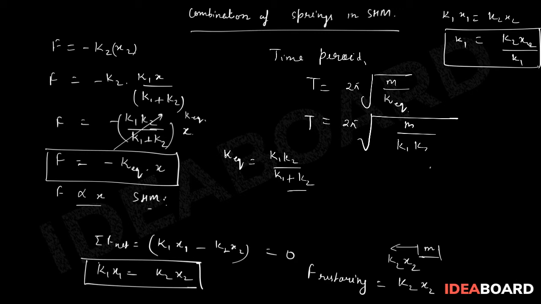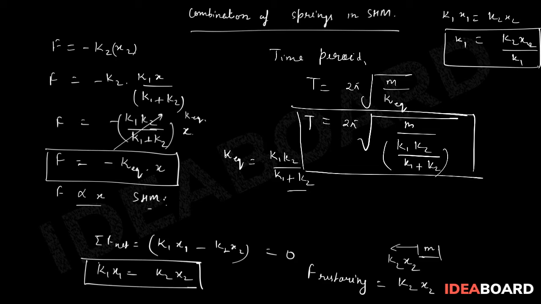So we can substitute K1 K2 upon K1 plus K2. So this is the value of time period in series combination. Right? This is going to be the answer.